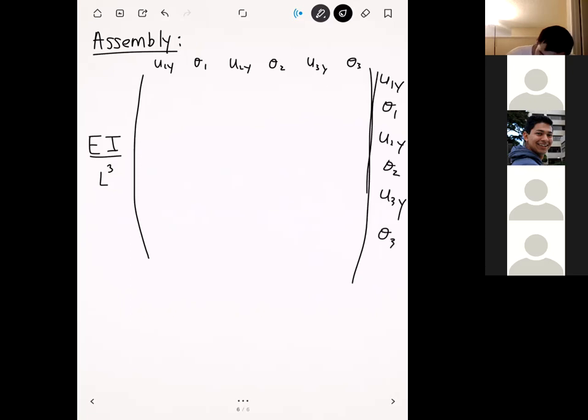And then those are all the rows. Now let's go ahead and fill in this matrix. I'm going to use this red color to denote element A, so let's box all the degrees of freedom for element A.